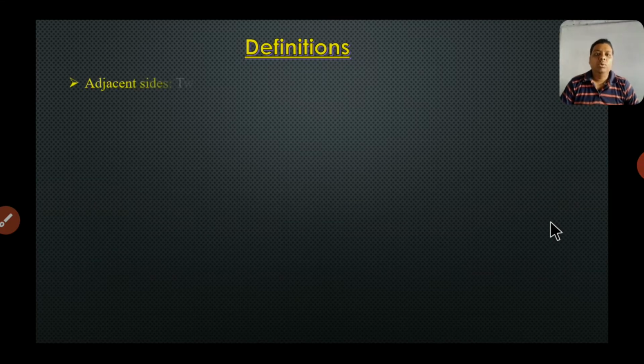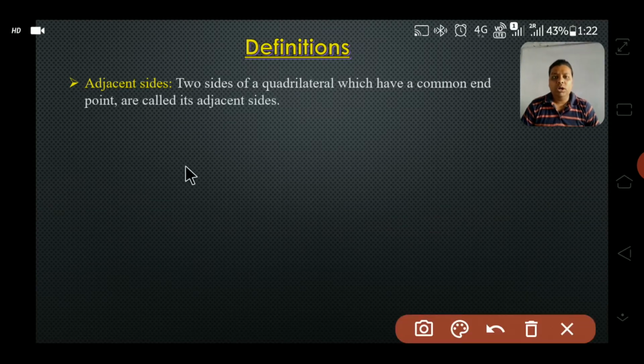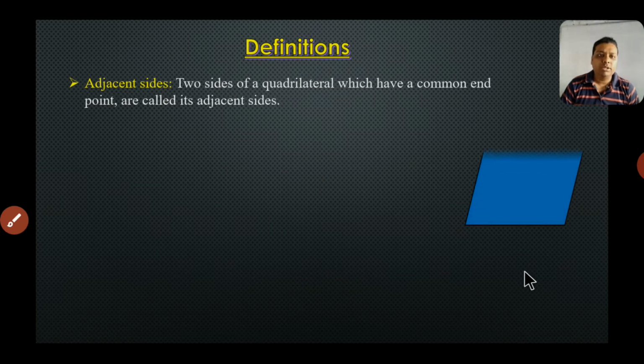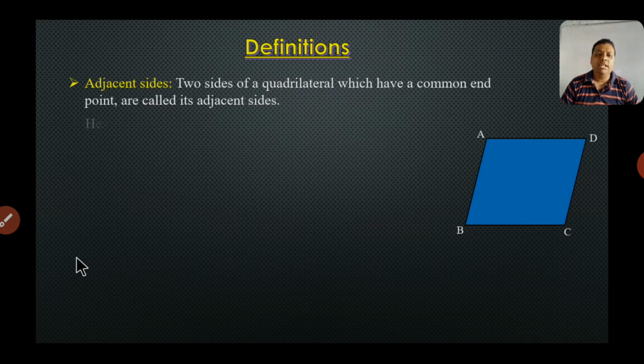Now, students, definitions. What are adjacent sides? If you draw a figure which has four sides, two sides of the quadrilateral which have a common endpoint are called adjacent sides. Here ABCD is a quadrilateral.